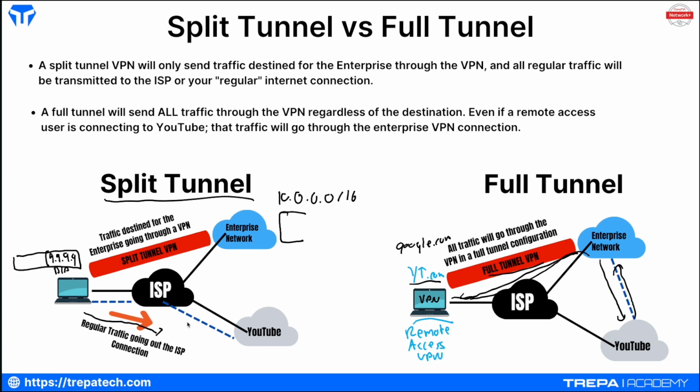So it'll go out your wireless NIC, or if you have an Ethernet cord into your little home router, it's going to use the regular internet connection. But the moment we get a packet with the layer 3 header's destination IP towards any IP within that enterprise network subnet, 10.0.0.5, we're going to go over our VPN to access those enterprise resources.